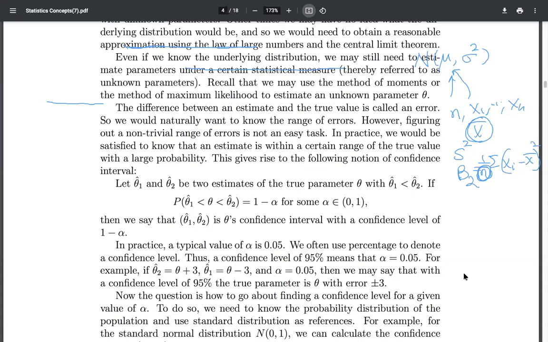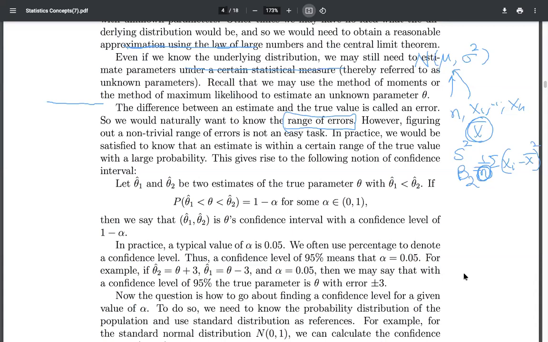And I still want to know how good this estimate is relative to the true value, because for any estimation, that's the thing you want to know. What we can actually know here is the range of errors. The difference between the true value and the estimated value is called an error. Since it's an estimate, you always have an error, but if you have a small range of error, then your estimate is pretty good.